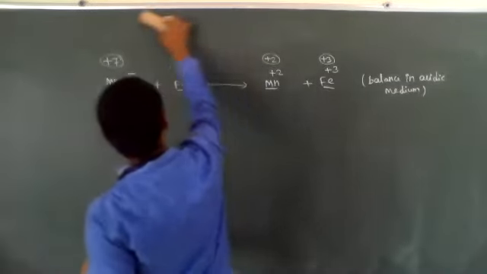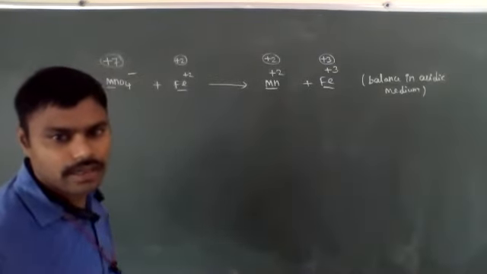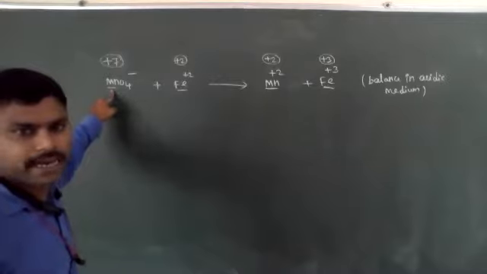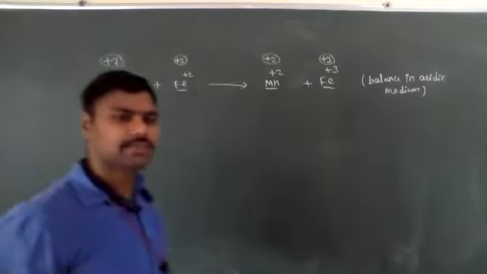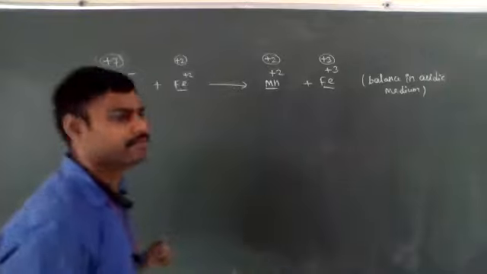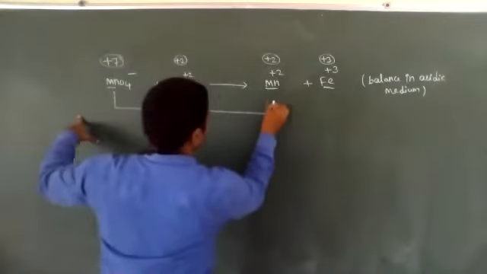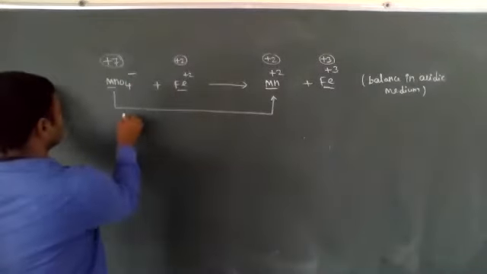The next step, we have to identify. MnO4 minus means permanganate ion. KMnO4 present means the name becomes potassium permanganate. See, MnO4 minus is converted into Mn plus 2. What is it? It is reduction.